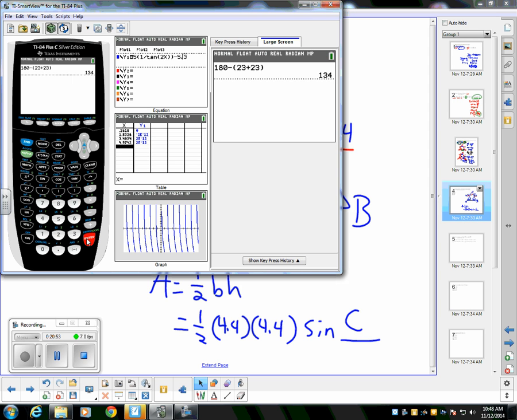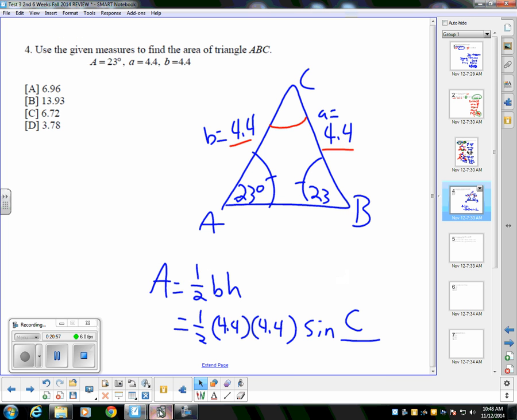So I know angle C is 134 degrees, don't I? So, pull that away. Now it's just simply going through the math: 1/2 times 4.4 times 4.4 times the sine of 134.